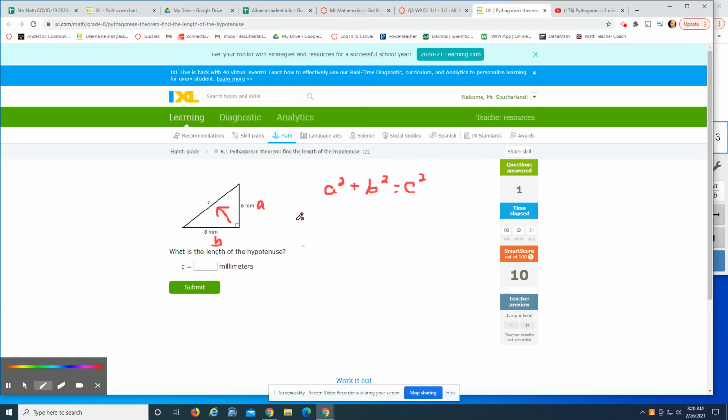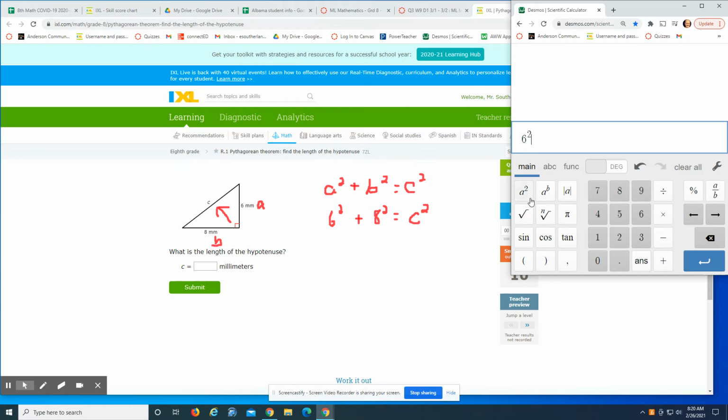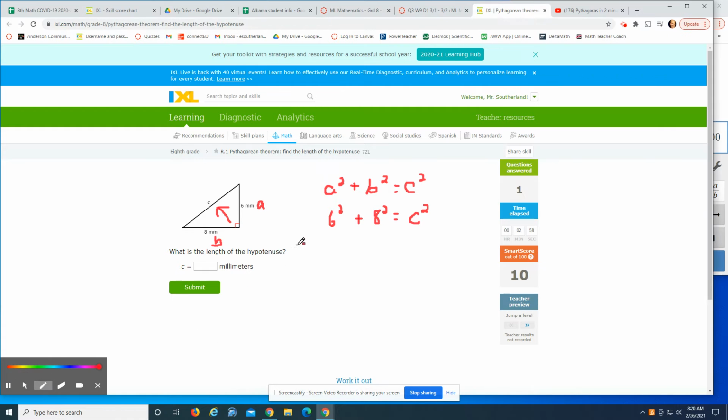So when we look at this, I want to do 6 squared plus 8 squared. It's going to be equal to c squared. I'm just going to use the calculator. I type in 6 squared plus 8 squared, and it equals 100. So 100 is equal to c squared.